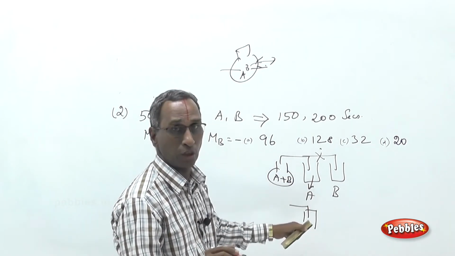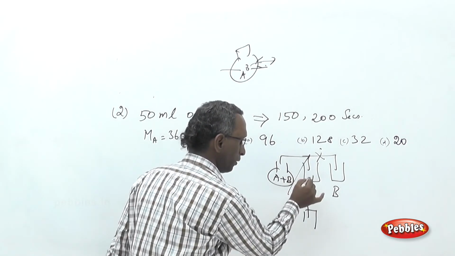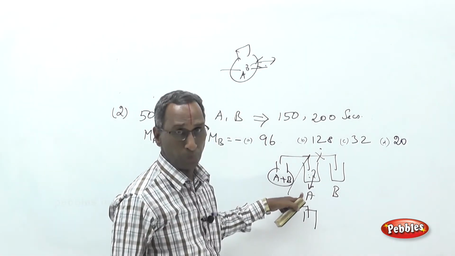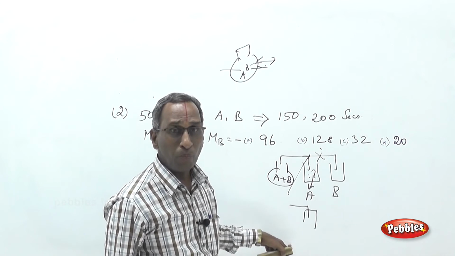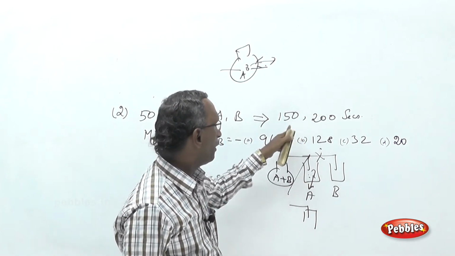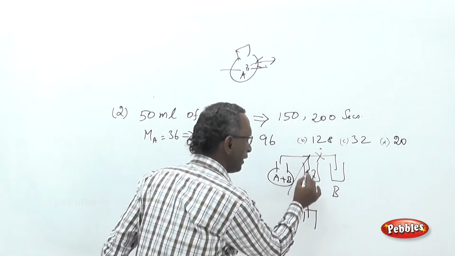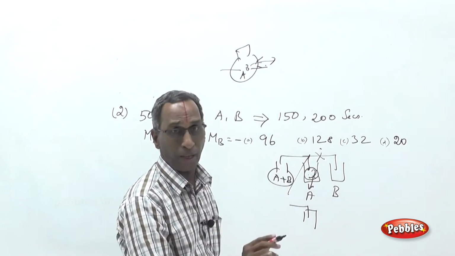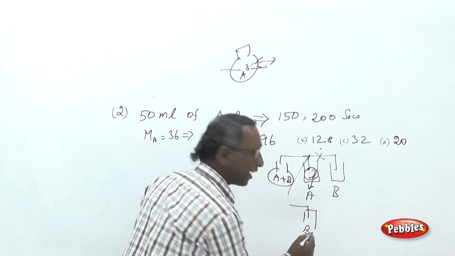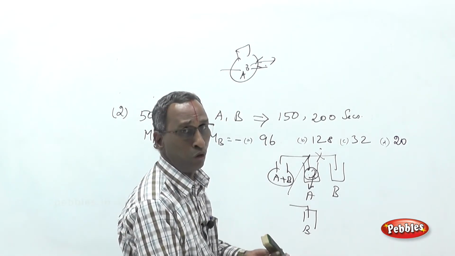It is like a parallel connection. At what time A is absorbed, at what time B is absorbed, these are given. It takes 150 seconds for A to fill its container, whereas it takes 200 seconds for the other container to fill up.